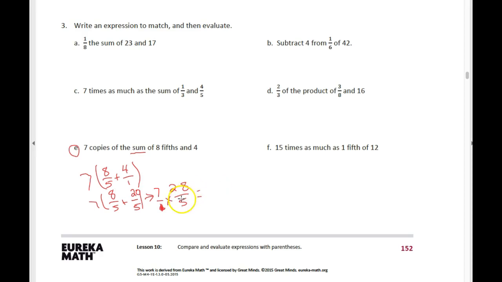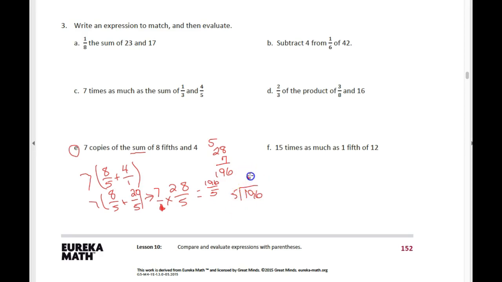So now it's going to be 7 times 28. We can just work that one out off to the side here because it's a fairly big multiplication. 7 times 8, 56. 2 times 7, 14. 14 plus 5, 19. So 196 divided by 5.